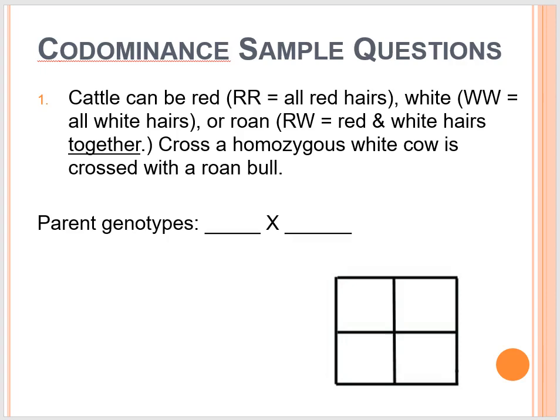Does your cell organize it by alphabetical? How does it? It just knows. It's built in. Because there's not actual letters in your DNA.